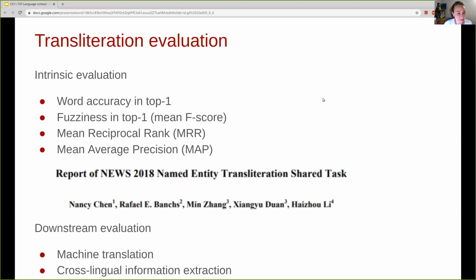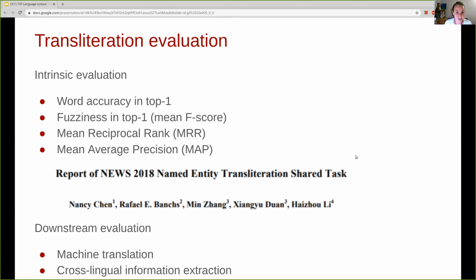This is an F-score metric that uses character level precision and recall calculated based on the length of the longest common subsequence. Next, MRR, mean reciprocal rank, is a standard evaluation approach in ranking algorithms. It tells approximately the average rank of the correct transliteration in the list of candidates. And the mean average precision measures the average precision in the n-best list candidates.